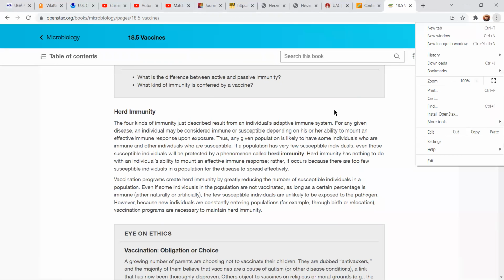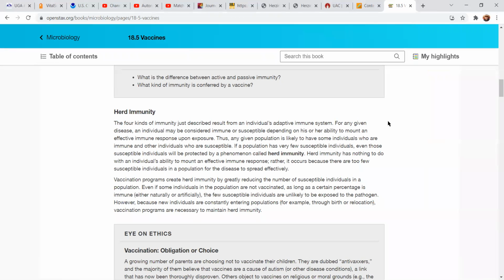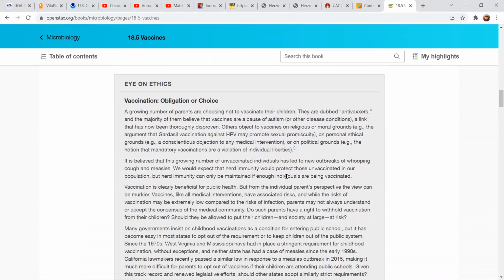And this is what happens when we attempt to wipe out a disease like smallpox. Most people got the vaccine, but even those who didn't were protected by those who did, and we were eventually able to wipe it out. And it's the same thing with polio, and really what we're attempting to do with measles, mumps, and rubella as well.